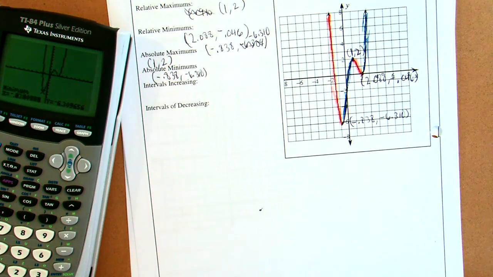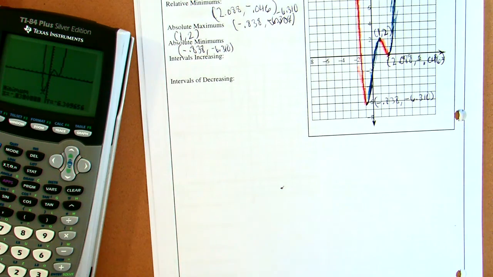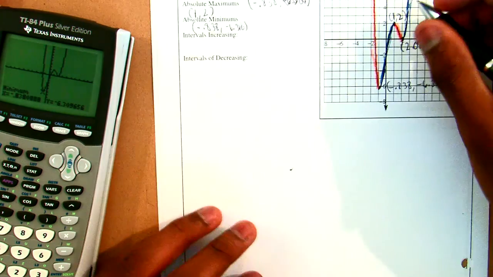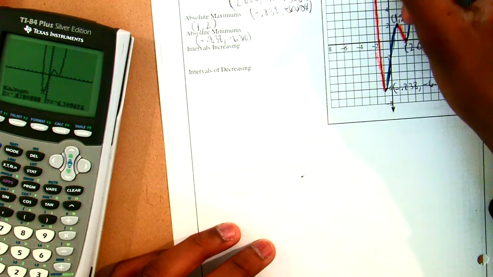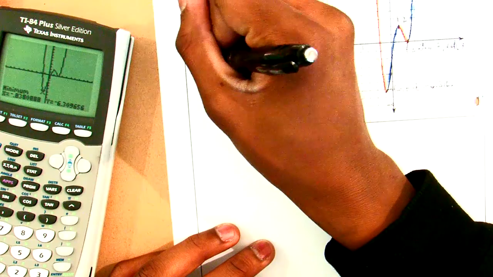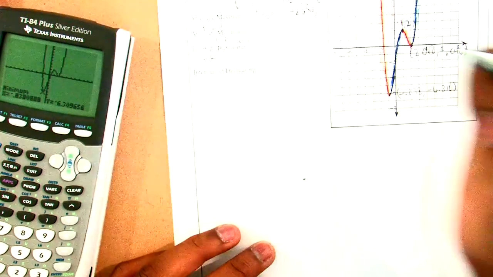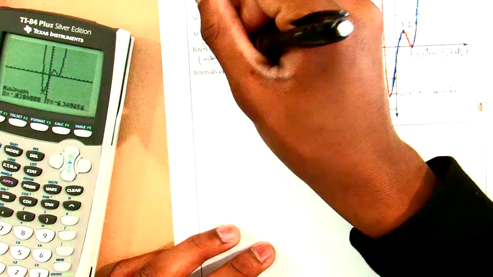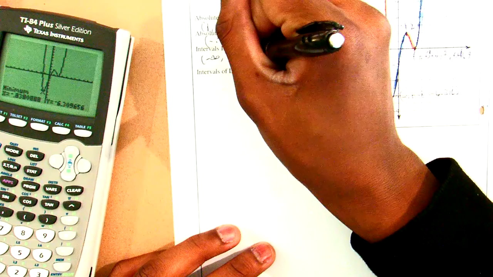Now we will verify how they are decreasing and increasing using interval notation. So this line right here is going from negative infinity, comma, negative 0.838.